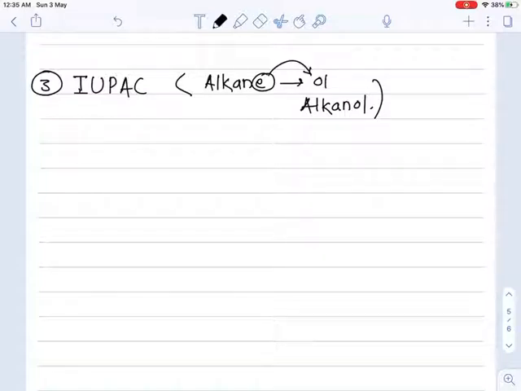If we take an example of a one carbon containing alcohol, CH3OH, one carbon. If you observe, which one carbon containing alkane is there? Methane. So from methane, E is replaced by OL. So what is the name? Methanol. Methanol is the IUPAC name for CH3OH.